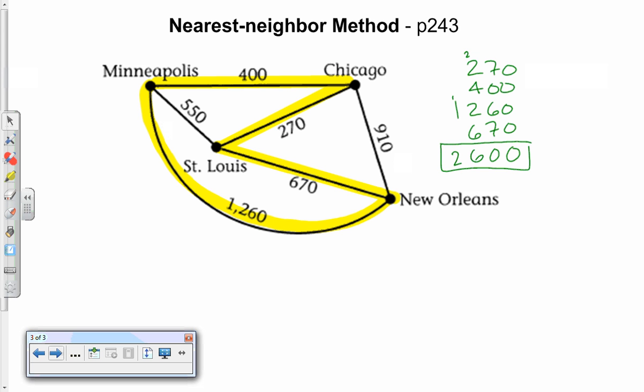So now, if I want to be perfect, if I want the absolute fastest route, I do brute force. But if I want to be quick about it and get pretty close, but not always dead on, I'm going to do nearest neighbor. So that's the basic idea behind this. Not going to ask you either one of those two types of questions. So I hope this has helped some, and we'll see how everything works for us.